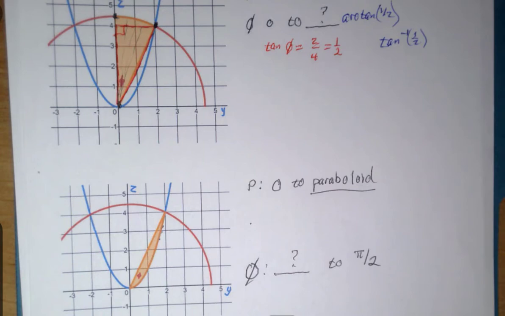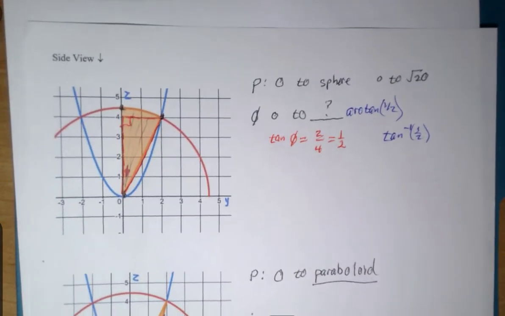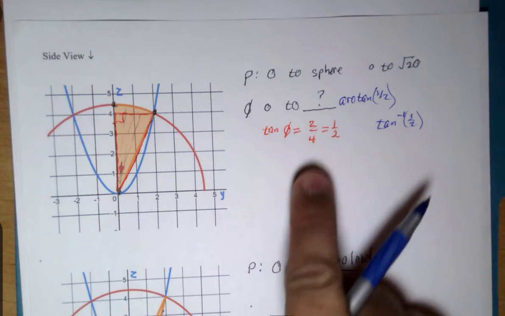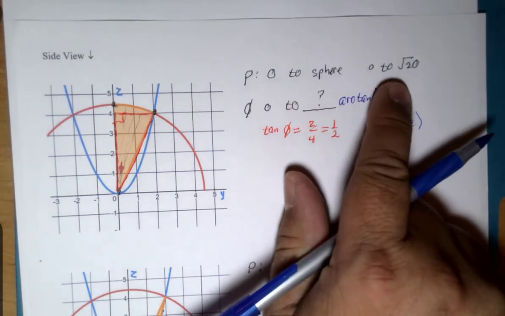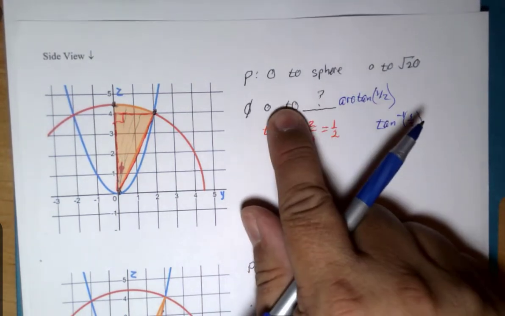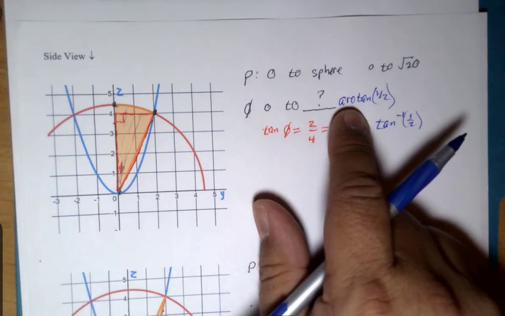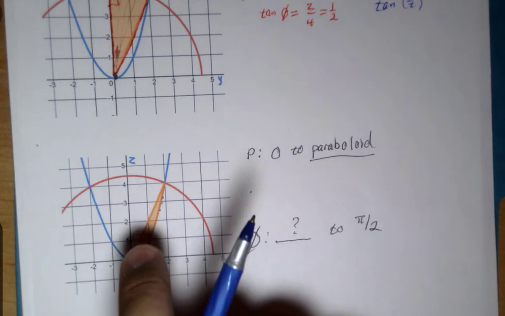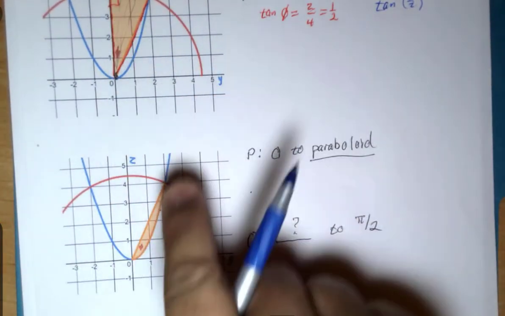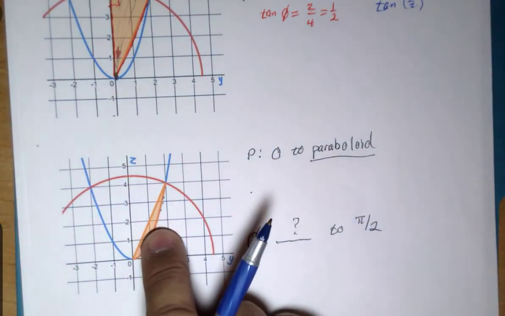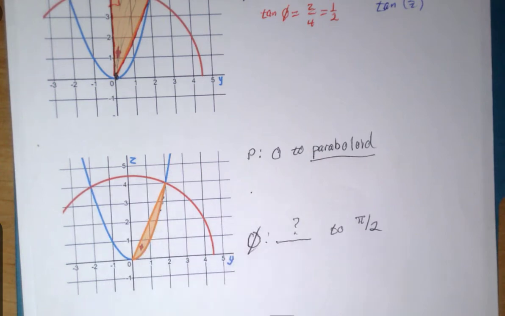Those are boundaries, folks. In that first set of triple integrals, rho is going to go from 0 to the square root of 20, and phi is going to go from 0 to arctangent 1/2, and theta was 0 to 2 pi. In the second set of integrals, because it takes two different types of radius to include the entire region, I have to have two sets.